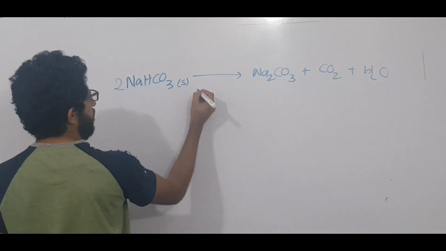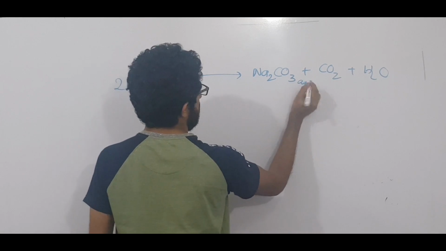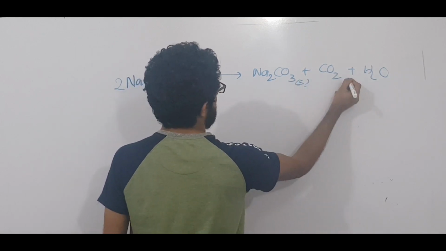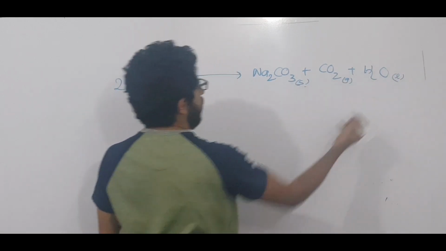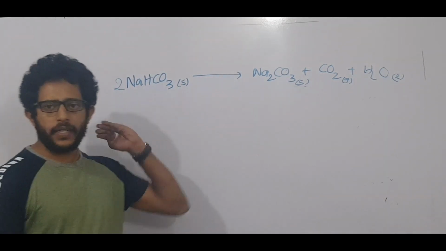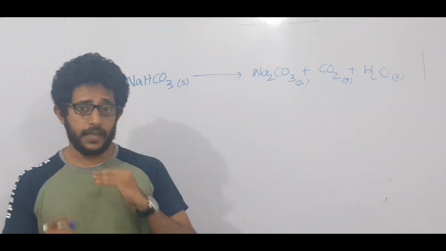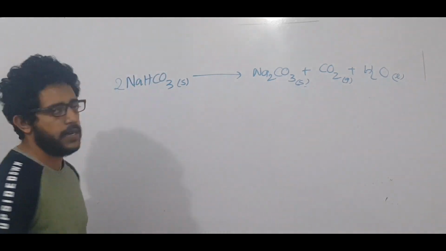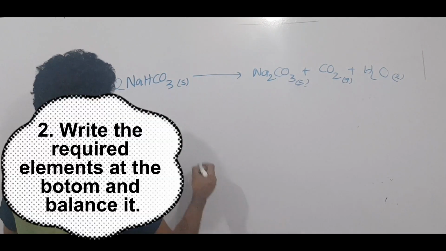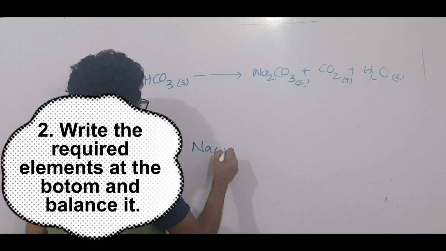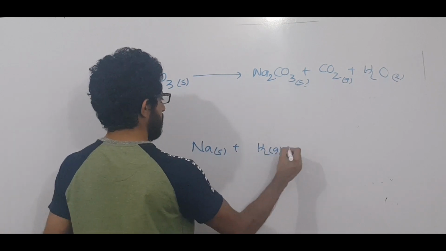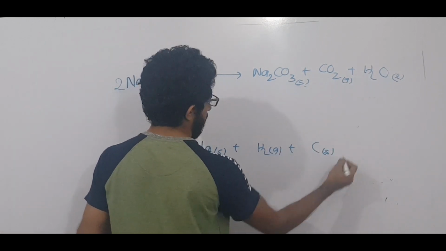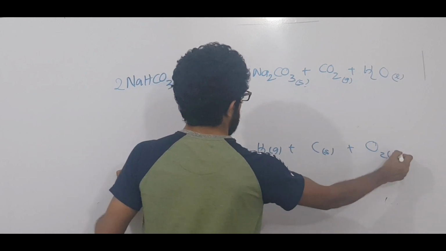It is better if you can write this with the physical states, but sometimes they might say no need for the physical state. So write the reaction on top, that's the first step. Then you have to write the required elements at the bottom, elements under standard conditions: sodium solid, hydrogen gas, carbon solid or graphite, and oxygen gas.